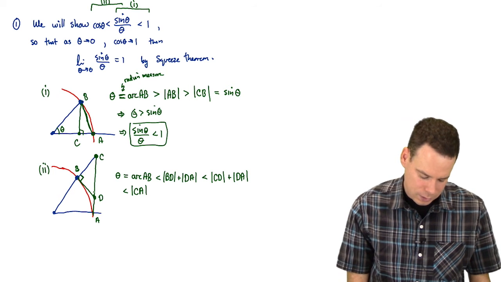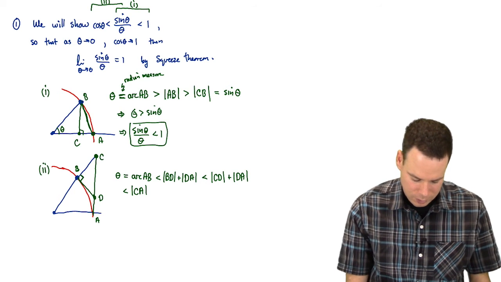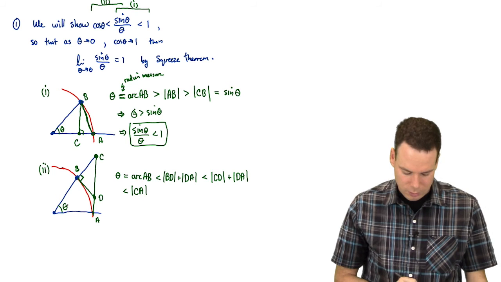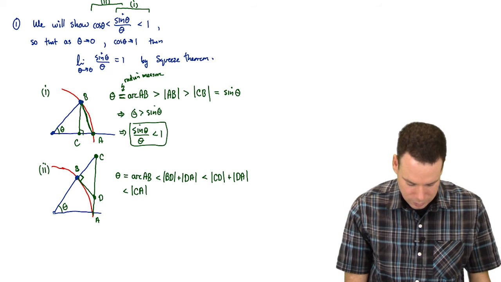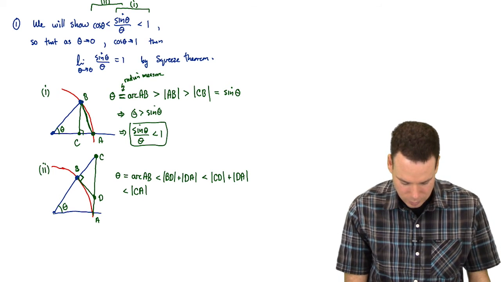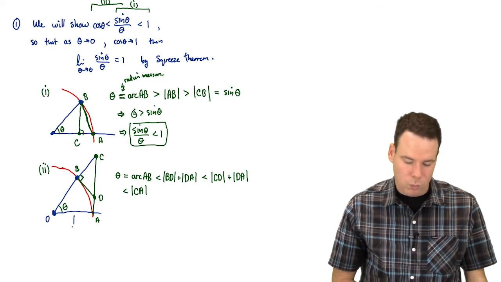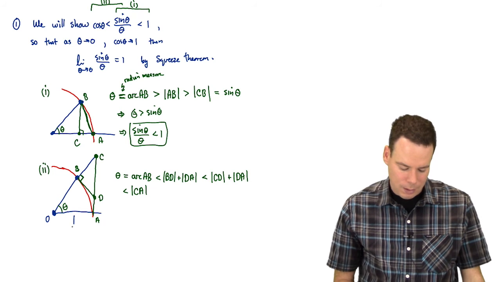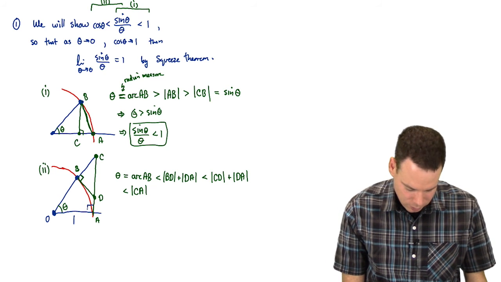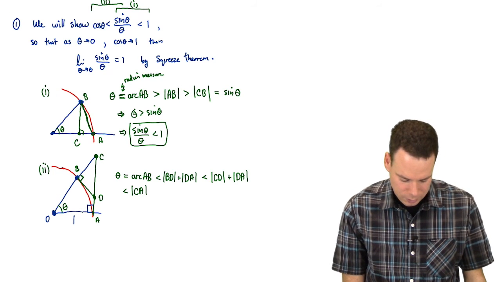What is the line segment C all the way to A? Well, I have that angle theta. Should have drawn it in there. There's that angle theta. What's the distance from that point there, O, all the way to A? Well, that's 1, because we're on a unit circle. I have a big right triangle here. One of the sides is 1.